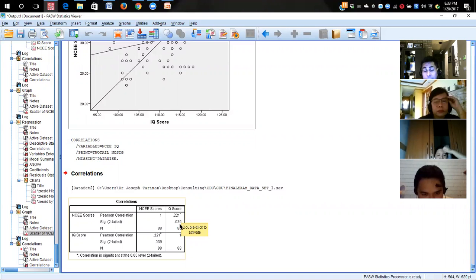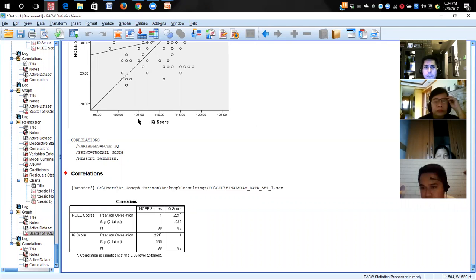It's a positive correlation because there's no negative sign, but it's a weak correlation because it's only 0.221. But it's statistically significant nonetheless because it's 0.03, which is less than 0.05. So we already know that this is correlated.